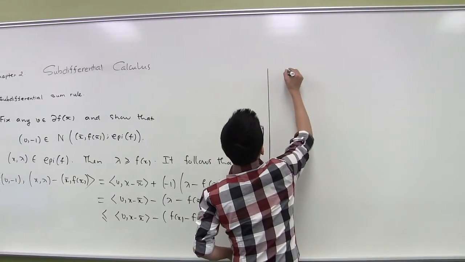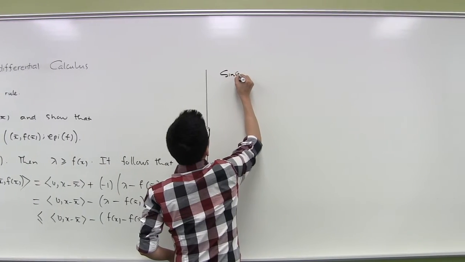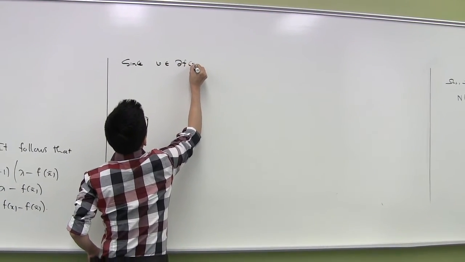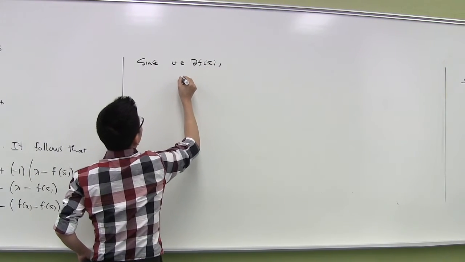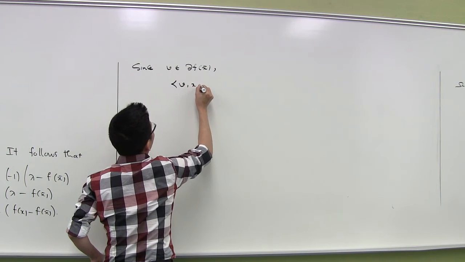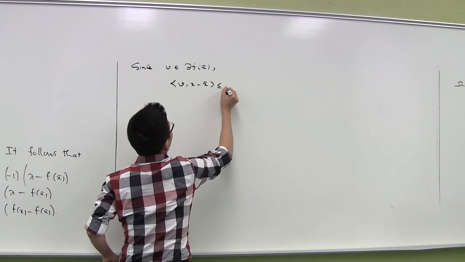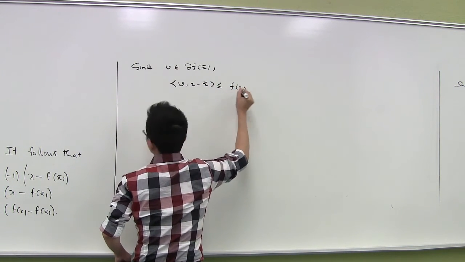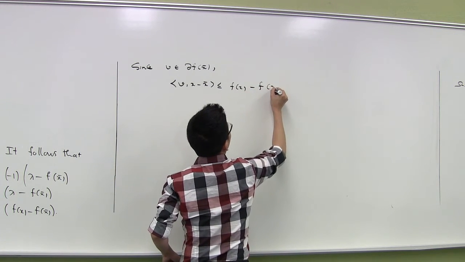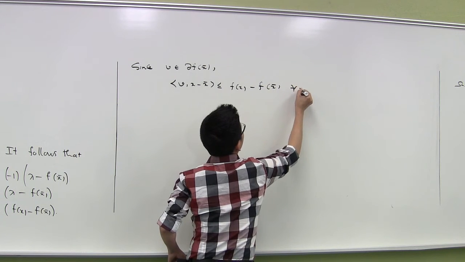So since v belongs to the subdifferential of f at x bar, by the definition we have the following: the inner product of v and x minus x bar is less than or equal to f of x minus f of x bar for all x in Rn.